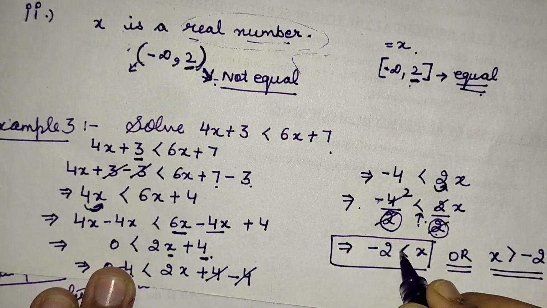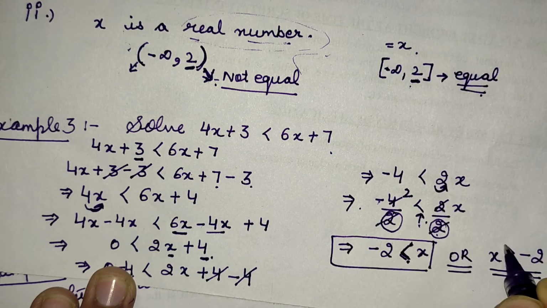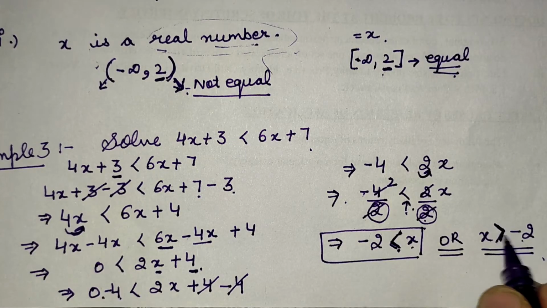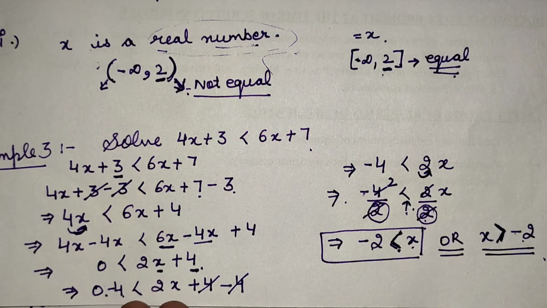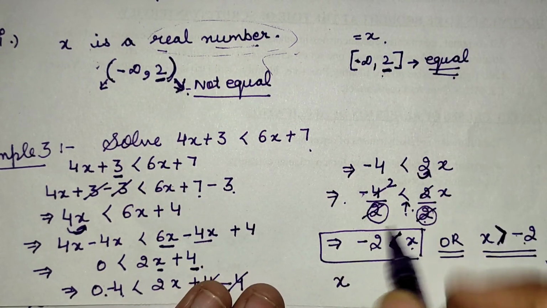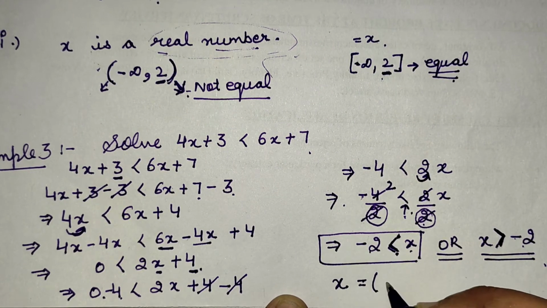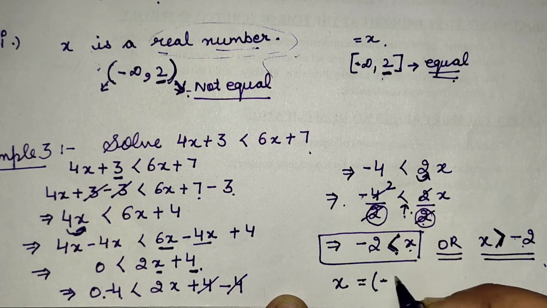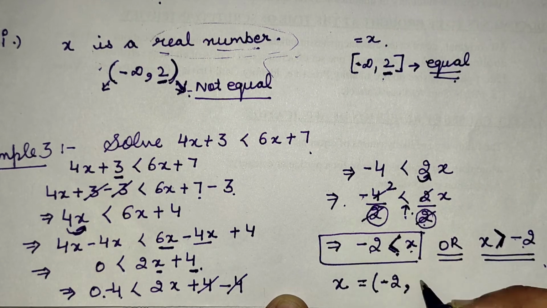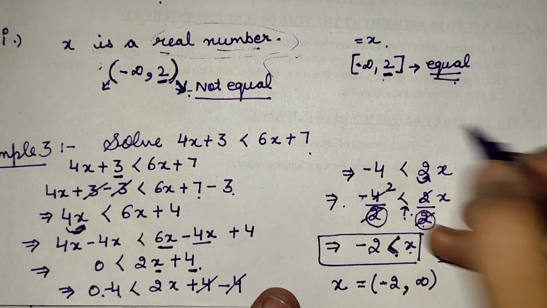See, the symbol is the same. The open side is for x, so I have written it: x is greater than -2. So if I have to write the solution in the form of real numbers, I will write x belongs to (-2, infinity), because this time x is greater than -2.